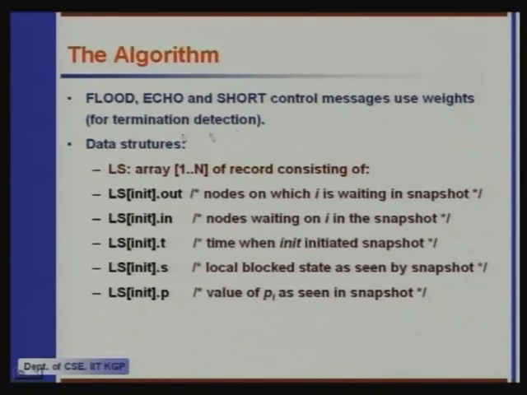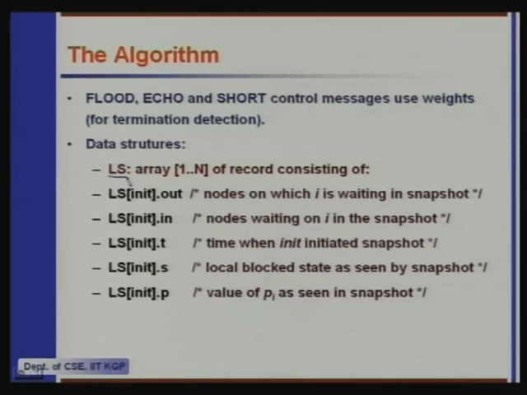Now, this data structure will be used by the deadlock detection algorithm. The data structure consists of an array 1 through n of records, which this array of records will be called LS, okay.